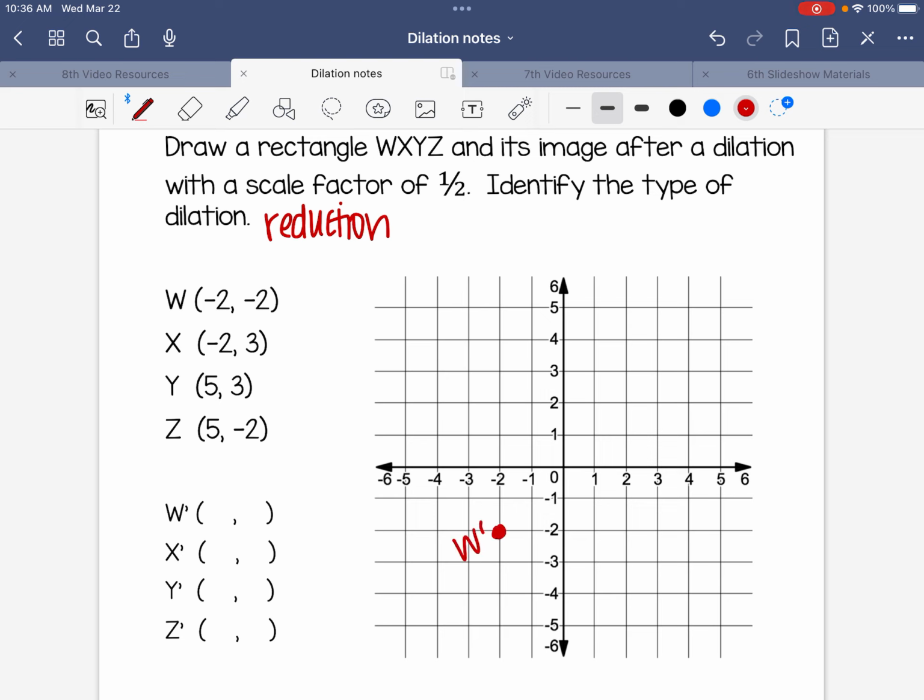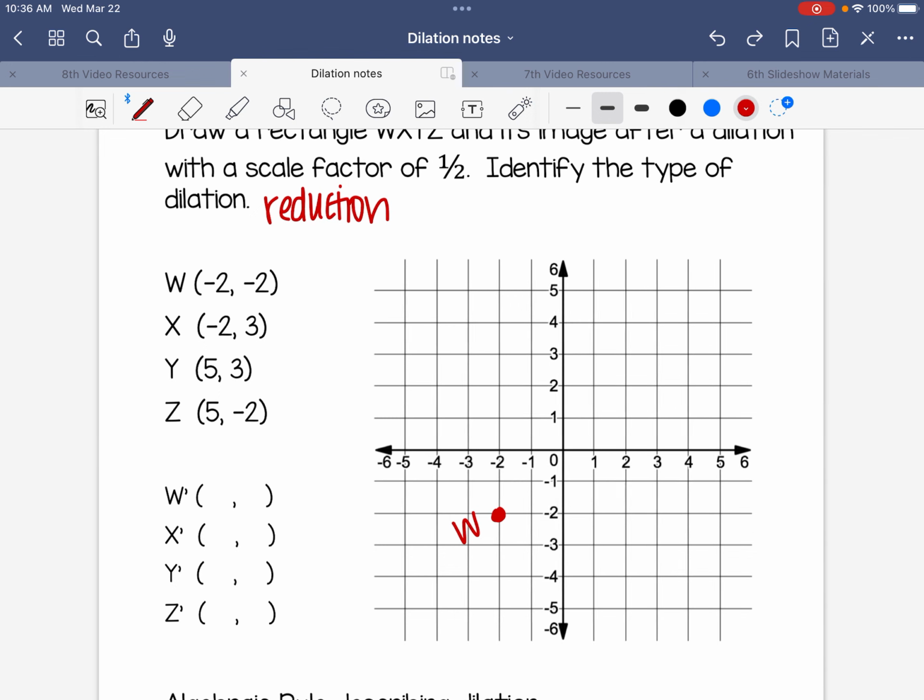X is at (-2, 3). Y would be at (5, 3). And Z would be at (5, -2). So here is our rectangle.